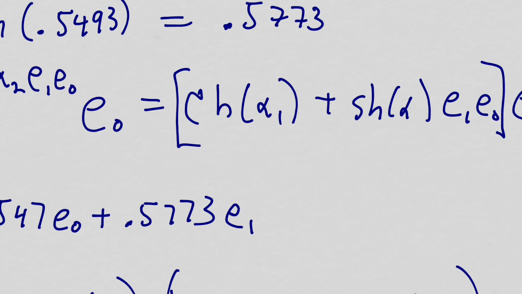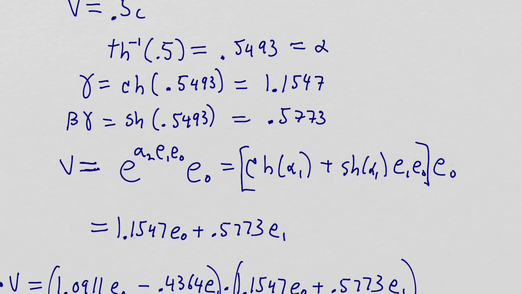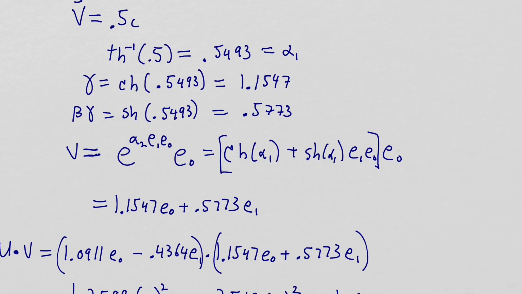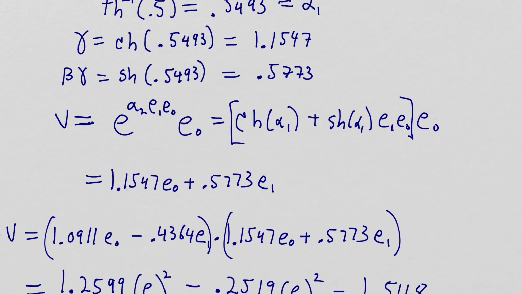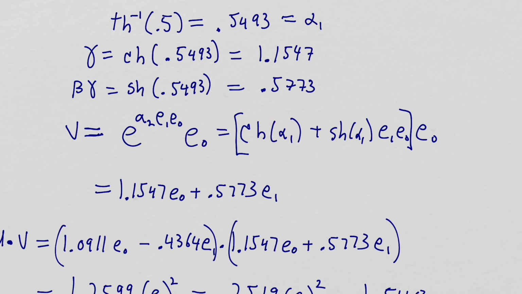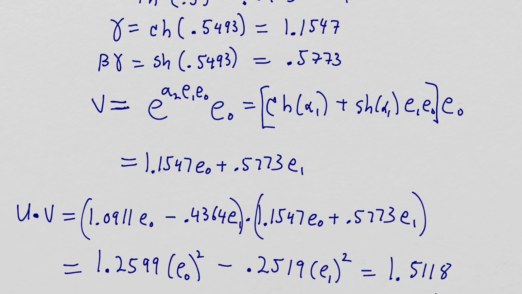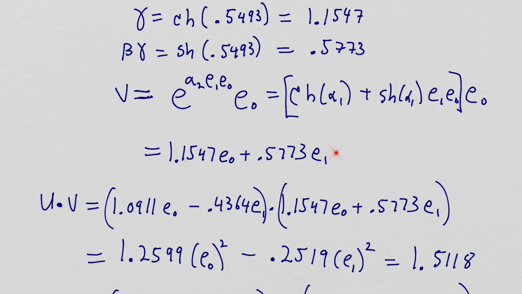Should be alpha 1 and alpha 1. So when you do this calculation, you calculate the hyperbolic cosine of 0.5493, the hyperbolic sine of 0.5493, you end up with these numbers here, and just like before, this squares to be positive, that squares to be positive, E0 squares to positive, but E1 squares to negative. So when you do that, you end up with V squared equaling 1. So that checks out.